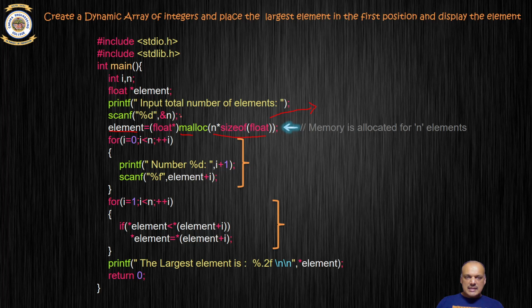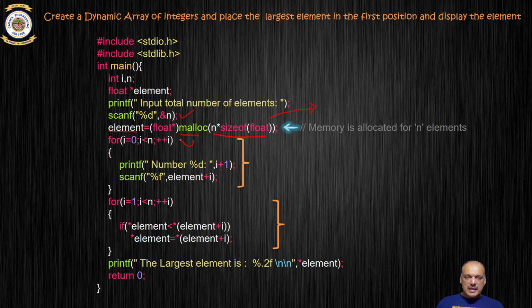The user has said that he wants to store n floating point variables. So the memory required is size of float times n. That much memory is allocated by malloc in the heap.